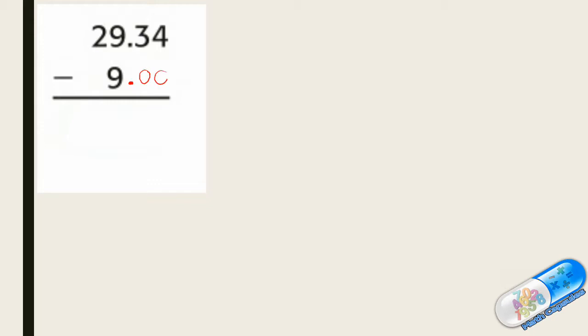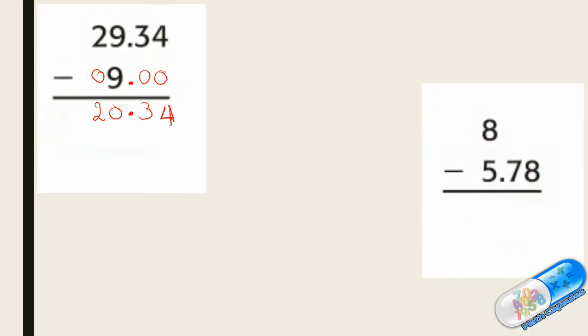We annex 2 zeros here and we subtract normally, but first we put the decimal point. Now 4 minus 0 is 4, 3 minus 0 is 3, 9 minus 9 is 0, and 2 minus 0 is 2, and the answer is 20.34 or 20 and 34 hundredths.